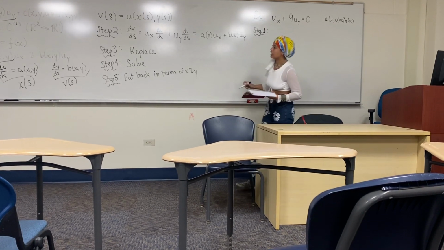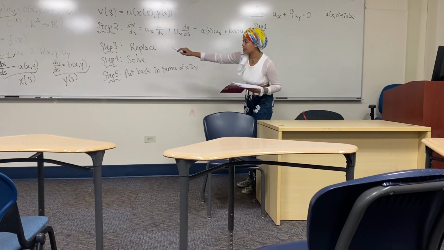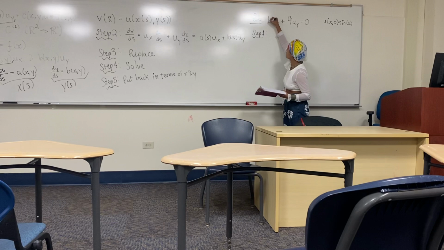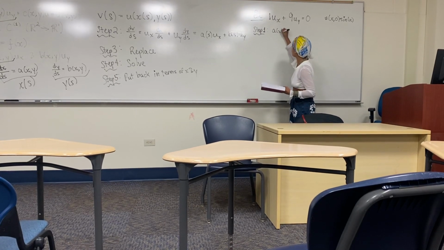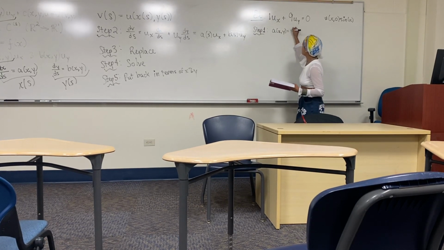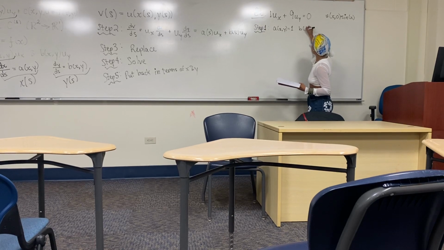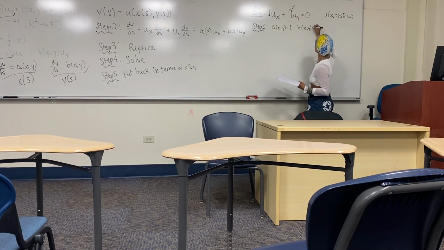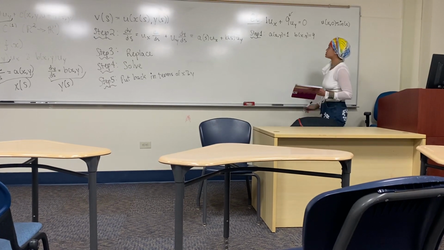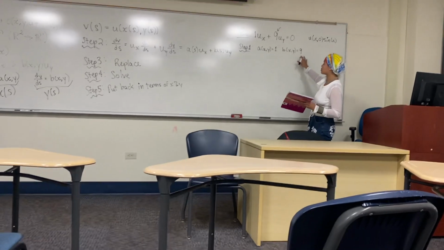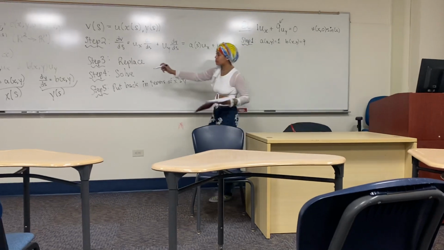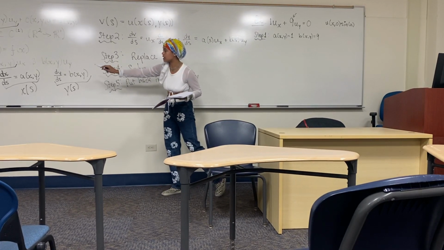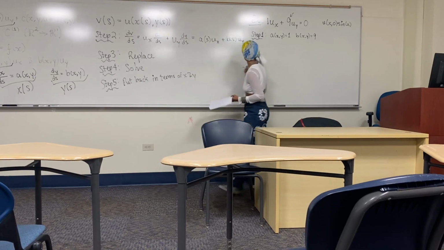So step 1, we are going to take our a(x,y) and b(x,y) with our partials. So this has an invisible 1 coefficient, so that means that a(x,y) equals 1, and our b(x,y) is this 9. Now, if we remember from here, all we're going to do is the derivative of x with respect to s equals a(x,y), which is just 1.